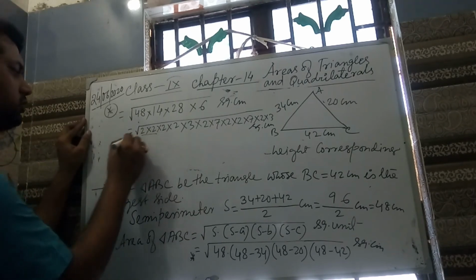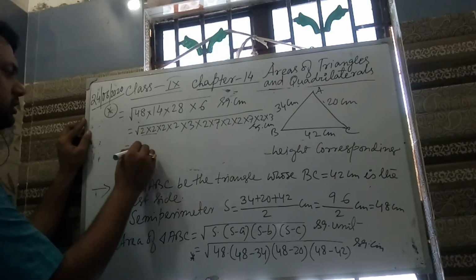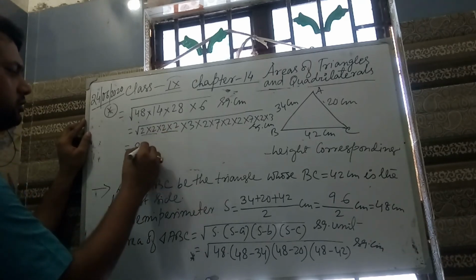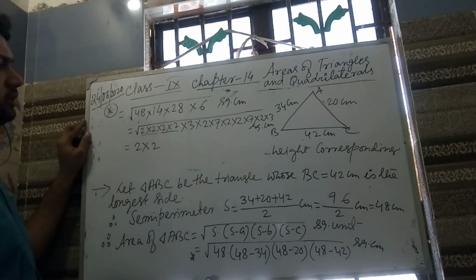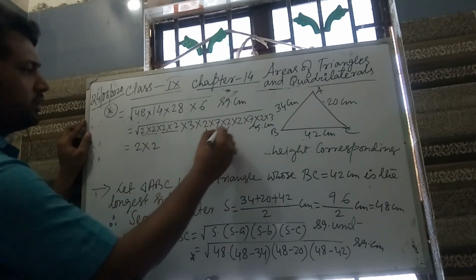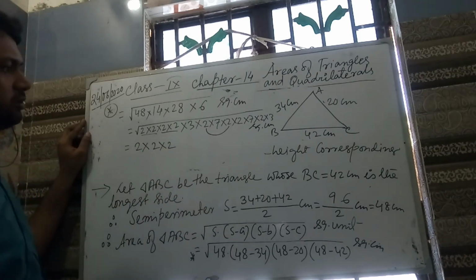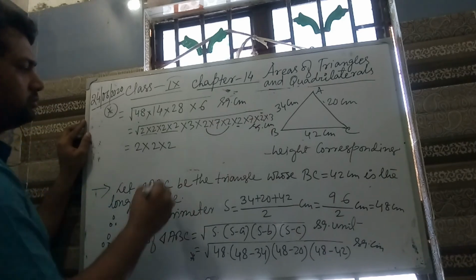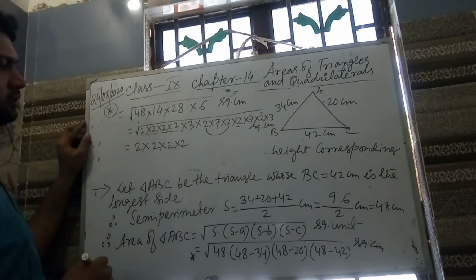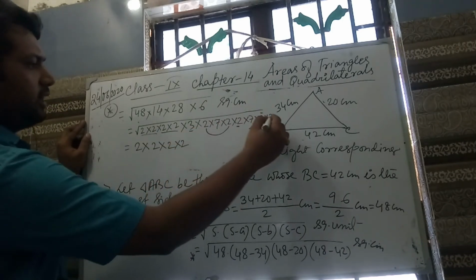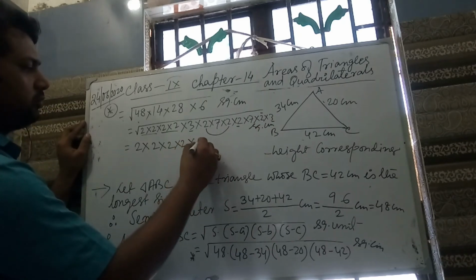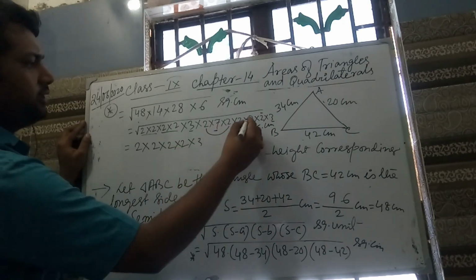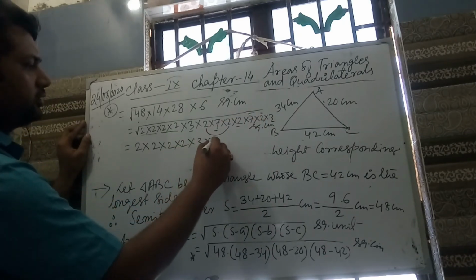Now for these two, one will be outside the square root sign. For these two, one outside. For this one and this one, one outside. For these two and these two, one outside. For these three and these three, one here. For these 7 and these 7, one here.